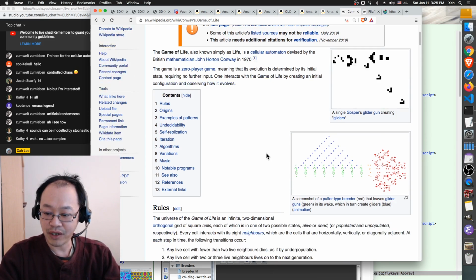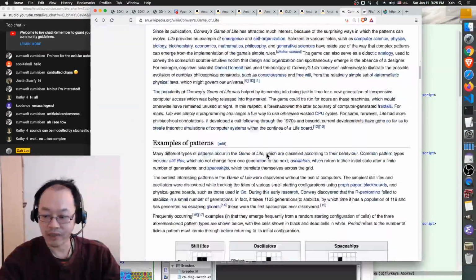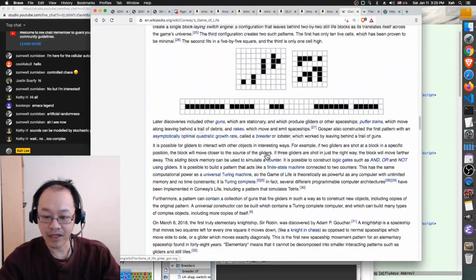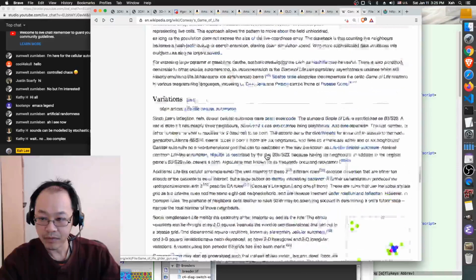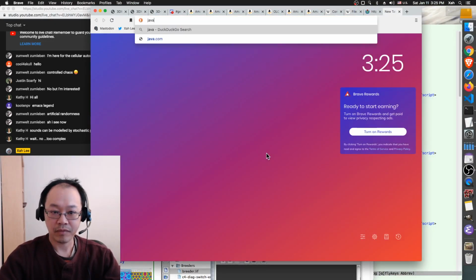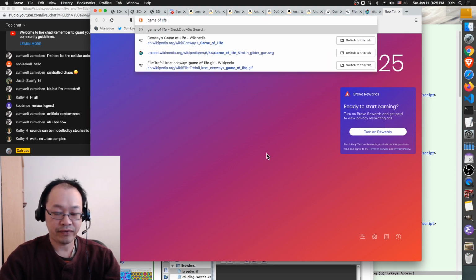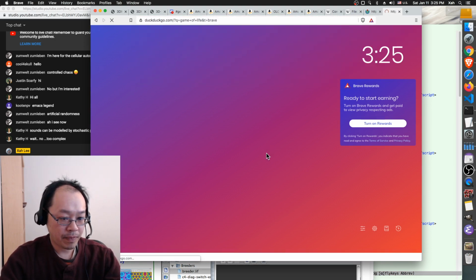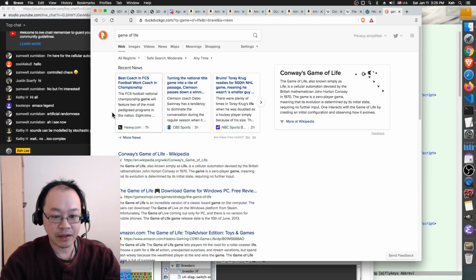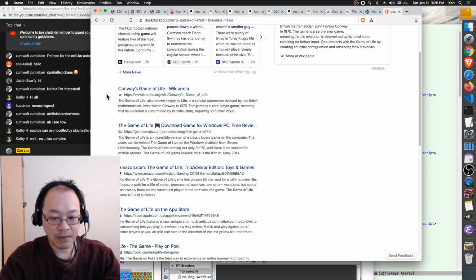So actually, I should demonstrate a live JavaScript app somewhere. So let me search for it. Game of life. I want to have an applet.